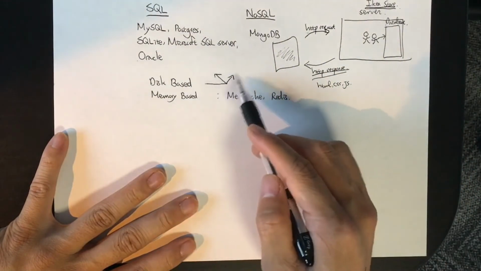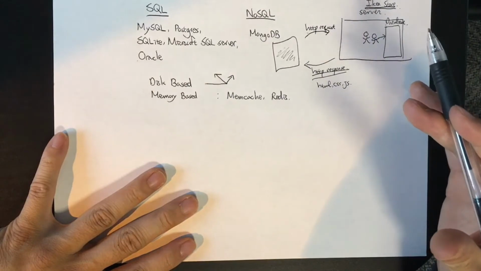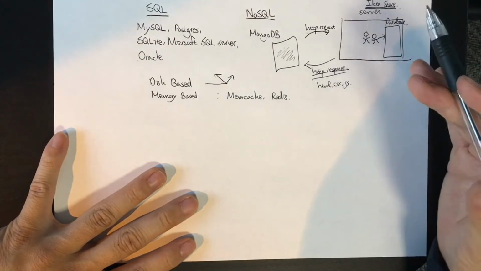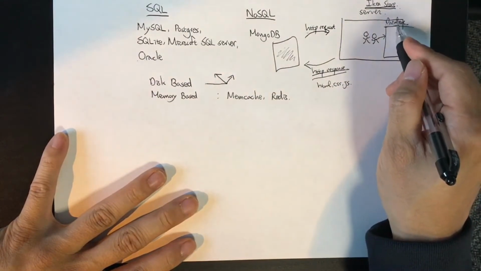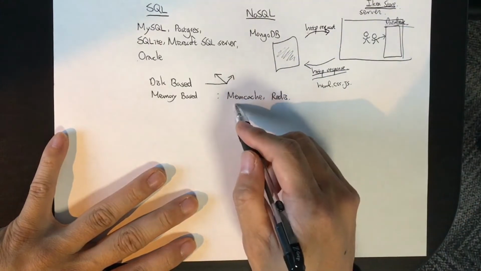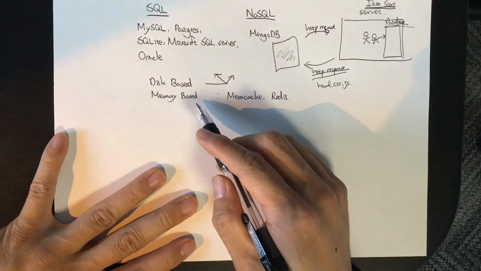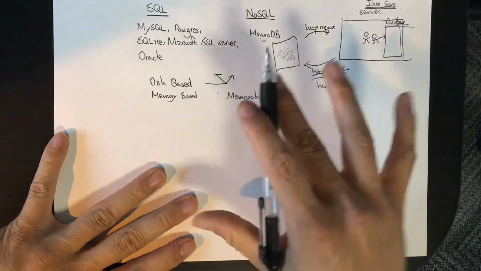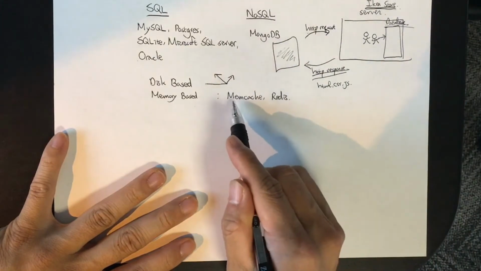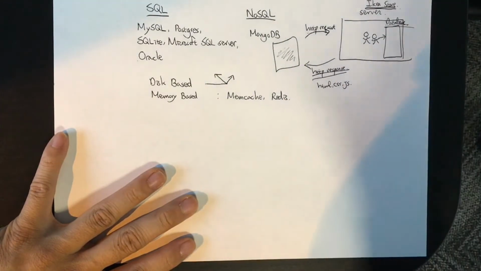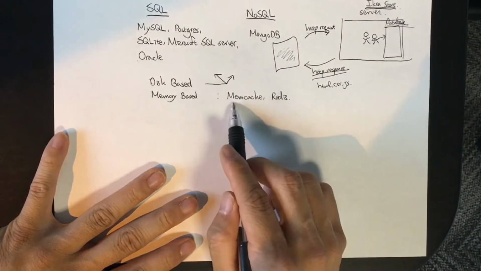Now, most of this information is stored on disk, on your hard drive. A hard drive is big, and it's not that expensive, but it's also not as fast. Some database tables can be created where the data is not written on the hard drive, it's just written in memory. Memory is more expensive, but it's also a lot faster. So if you're storing some information that is okay to lose, where you don't need redundancy, even if the power goes down, that's okay, because maybe you're storing some instant messages, then you can store those in a memory-based store such as Memcache and Redis.